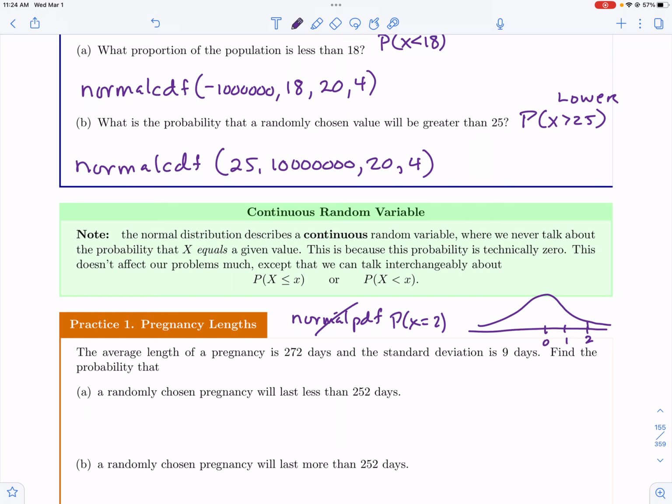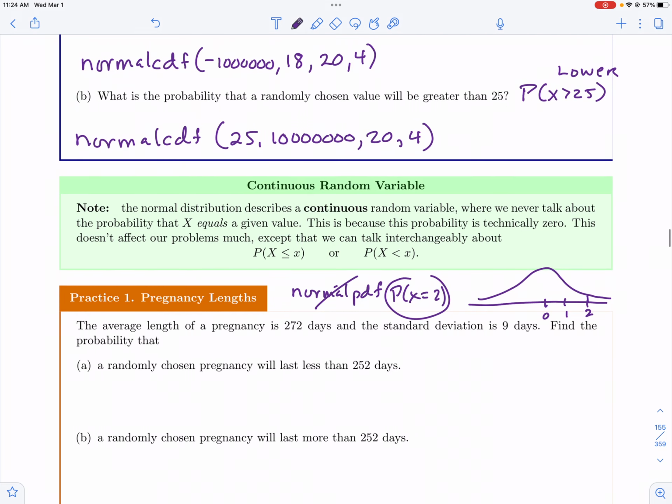So when we're trying to calculate these areas, what we need is to think about it as a bunch of rectangles being added together. And if I just have a single line, well, I have height, but I have no width. And since my width would be 0, it's going to end up giving me a result that doesn't really make any sense. So in reality, if I was trying to find the probability that x equaled 2, instead of using normalpdf, I would use normalcdf.